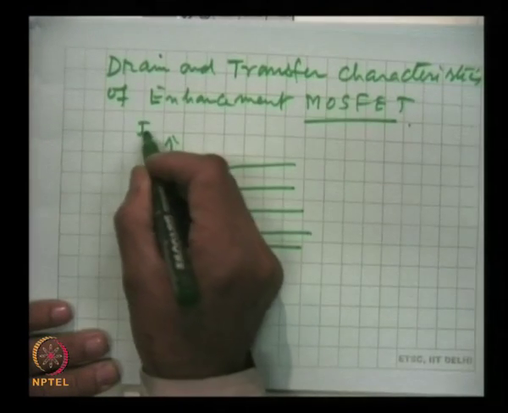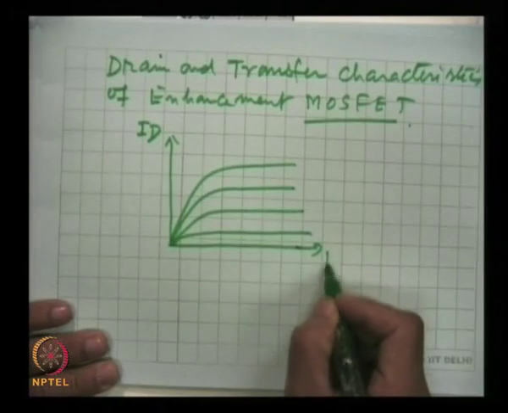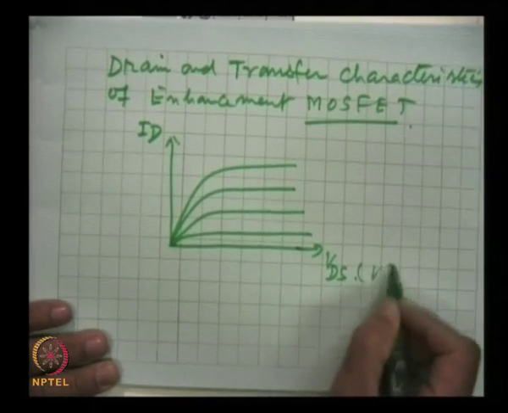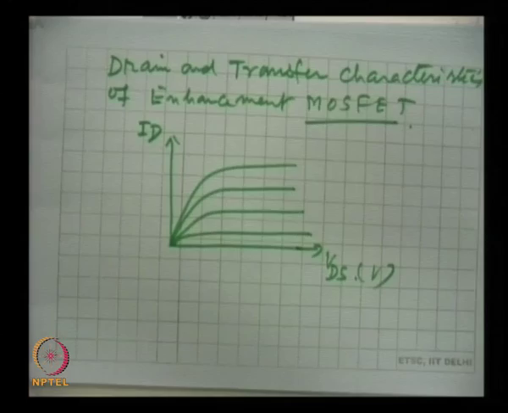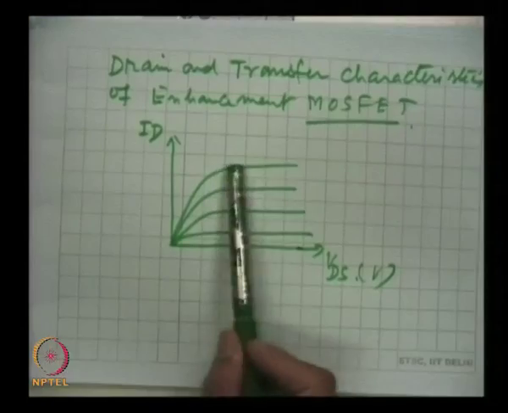This is drain current, this is VDS in volts, and these characteristics again can be divided into 3 regions: the ohmic region, the saturation region, and the cutoff region, and that we will explain, and we will see. The device is operated in the saturation region when used as an amplifier.